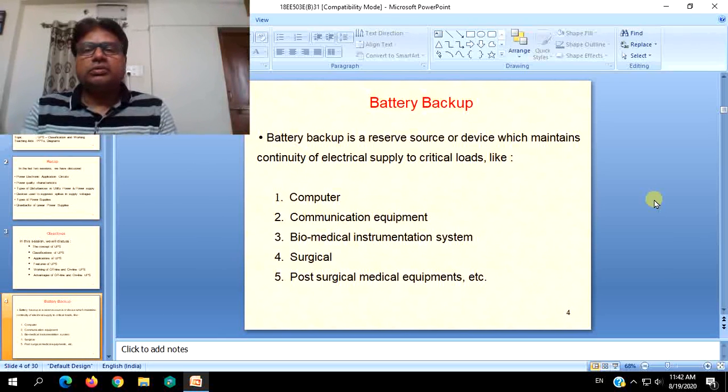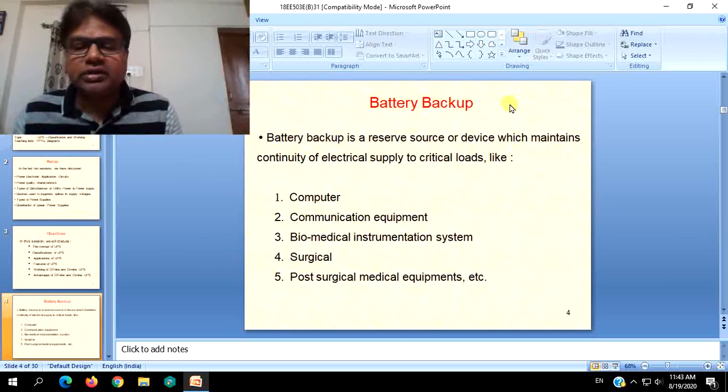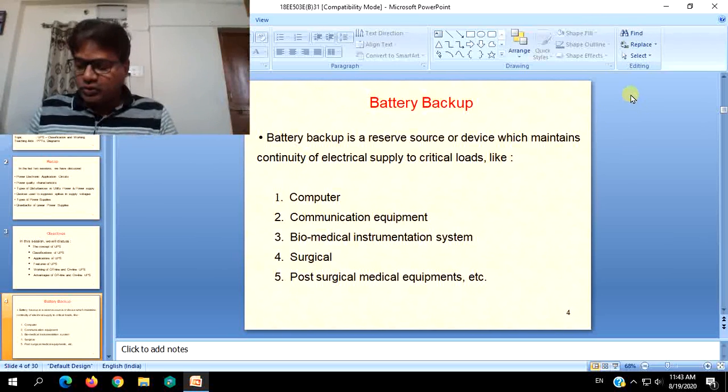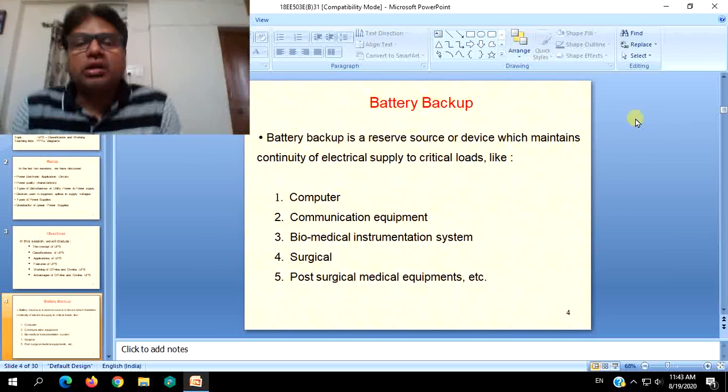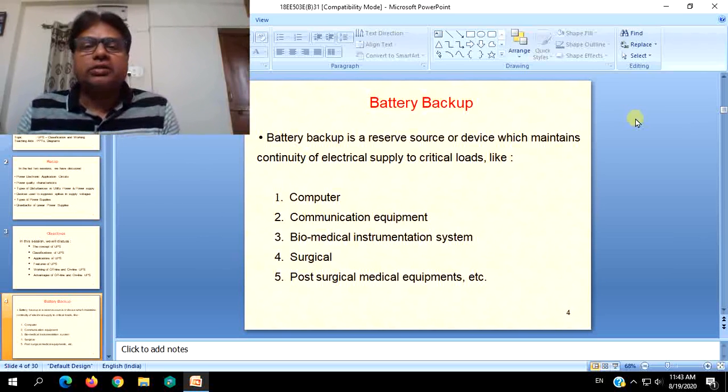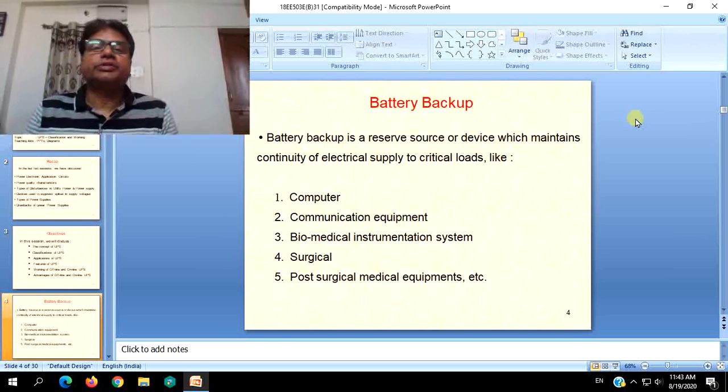Before actually going to a UPS, the evolution of UPS came from the actual need of backup. What do you mean by a backup? Backup, as the word literally indicates, is a standby source or standby machinery or tool which can be used in times of emergencies where the primary tool or equipment gets damaged or is shut down for the purpose of maintenance.